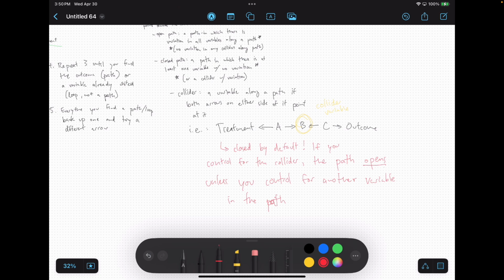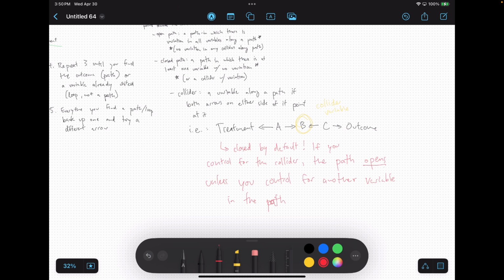But if you eliminate the variation in your collider variable, that actually opens the path. So a little bit counterintuitive. This works the opposite of normal variables in your diagram, and that's because of the way that information flows. Okay.